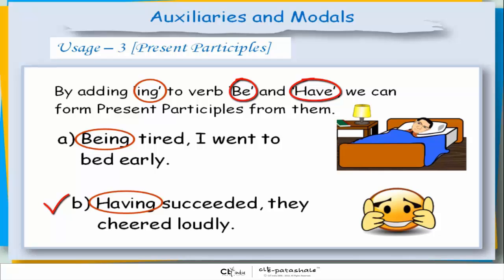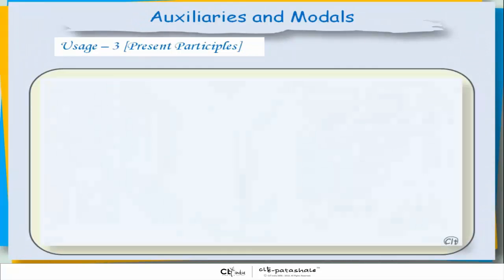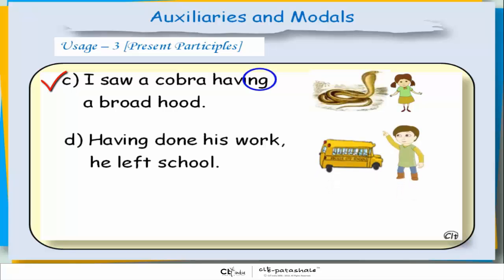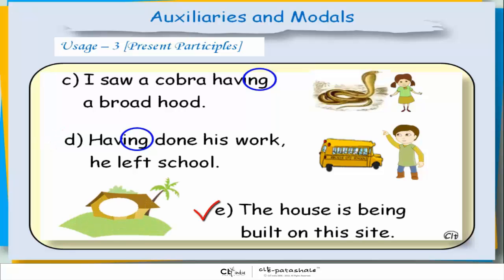Ing is added to have to become having. I saw a cobra having a broad hood. Again, ing is added to have and it is having. Having done his homework, he left school. The house is being built on this site. Ing is added to be and it becomes being.